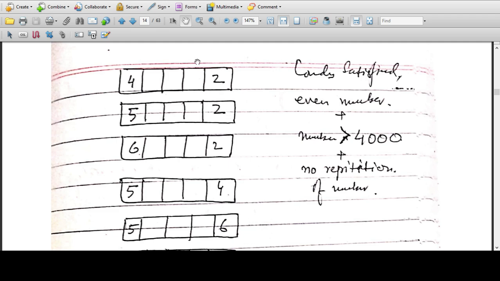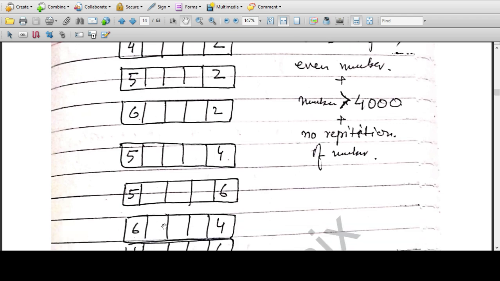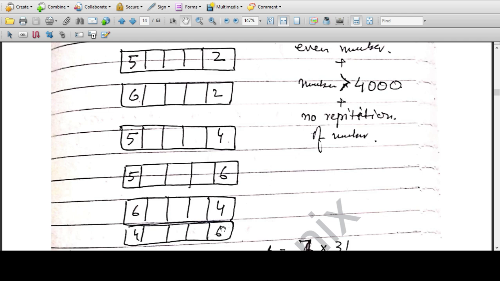If we have 4 here, 2 here, 5 here, 2 here, 6 here, 2 here, 5 here, 4 here, 5 here, 6 here, and 6 here, 4 here, 4 here, 6 here.